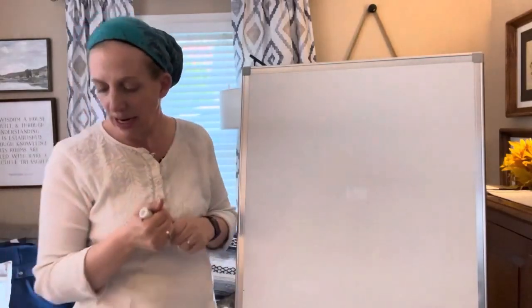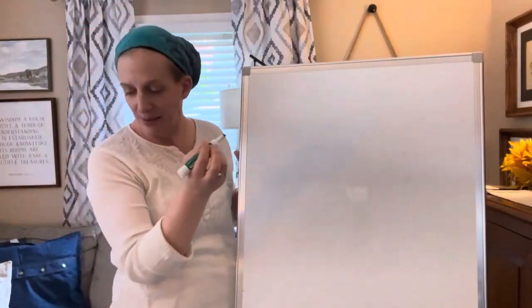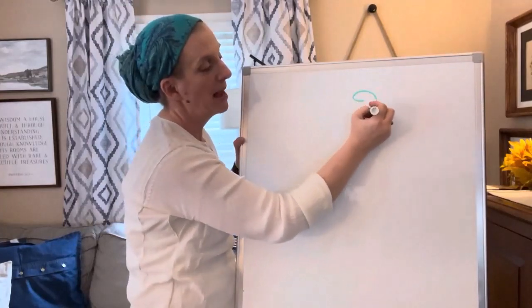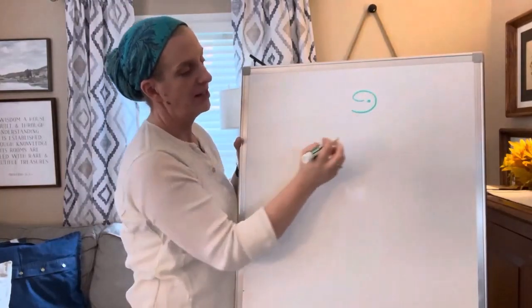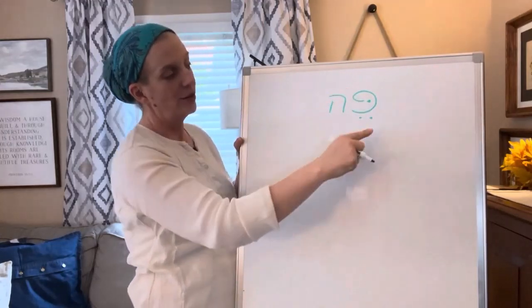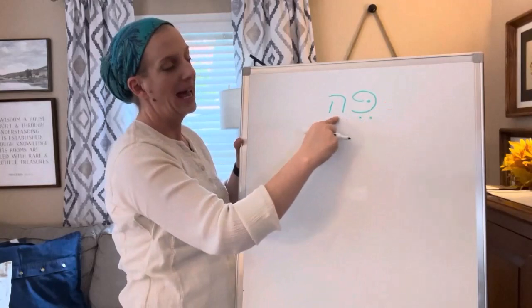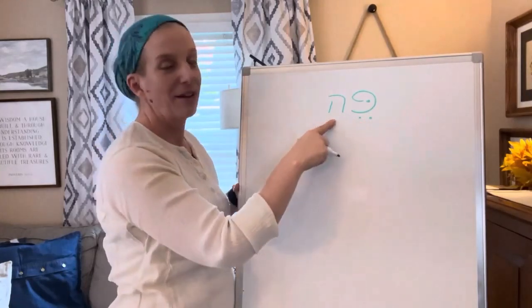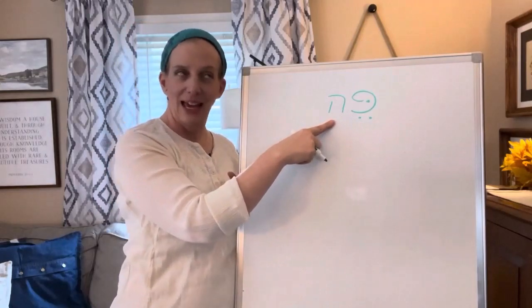Let me see. We're going to write some words and see if you can practice pronouncing them. Let's write the word pay, which means mouth, and it's going to have a dagesh. Can you sound that out? Pay. Now, it feels like this is silent. I'm not really making much sound with that at the end.